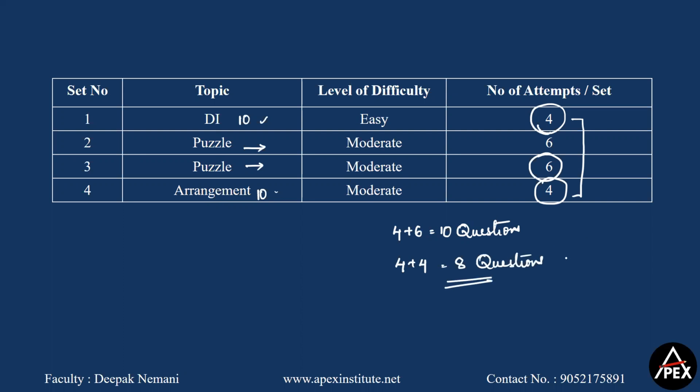So everyone should have scored minimum 24 marks in this paper. And you can also solve all the 3 sets. Okay. So 6 plus 4 plus 4, you can solve 14 questions because none of these sets is difficult. So all are on a moderate level and an easy level.